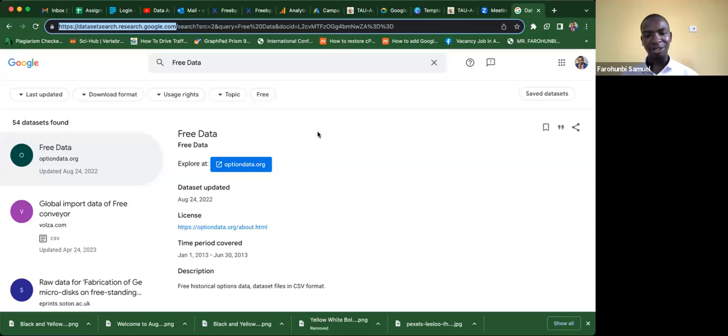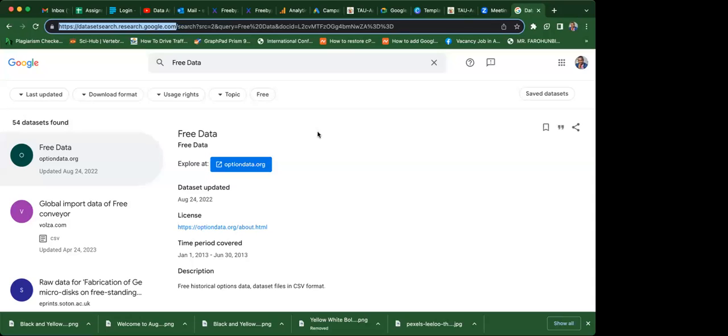It will allow you to get Google Sheets. Okay, sir. Thank you, sir.